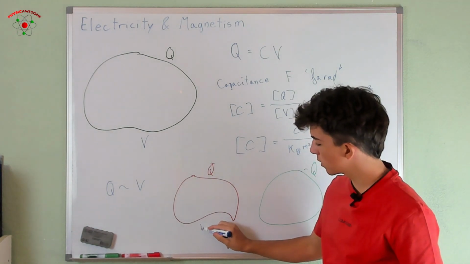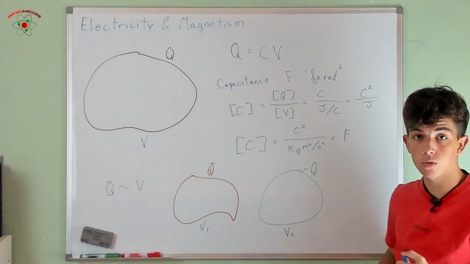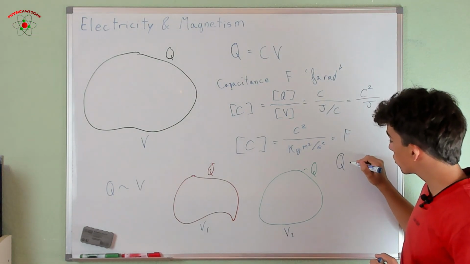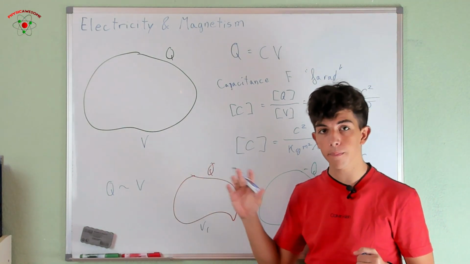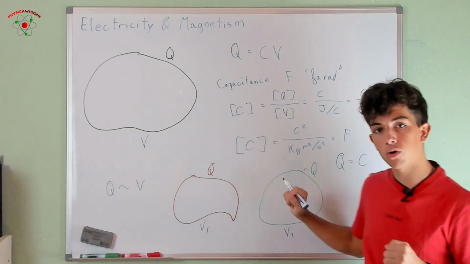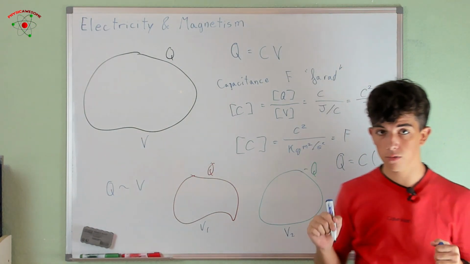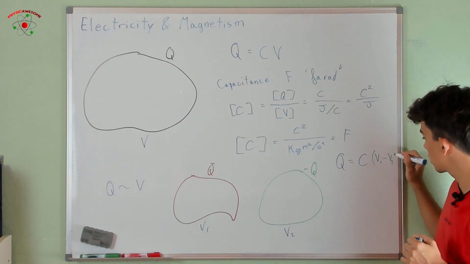This is going to have a potential of V1 and this is going to have a potential of V2. And we know that the charge is going to be related by the capacitance of the whole system, not the capacitance of this one or this one, but the whole system, to the difference of the voltages. So it's V1 minus V2.